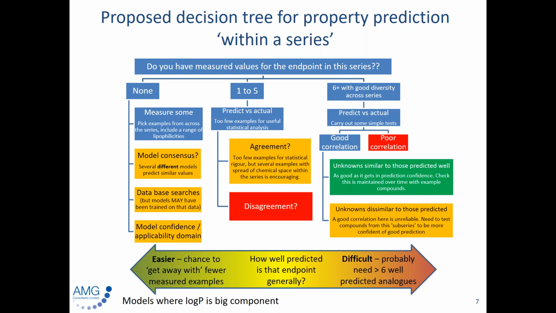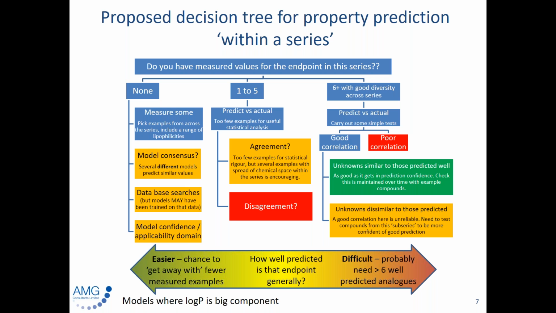So if your endpoint is very difficult to predict, then you really need to have some measured values to compare with the prediction, and ideally probably more than 6, as we'll see in a minute. If the endpoint is a bit easier to predict and generally predicted well across a range of compounds, then you're probably going to be able to get away with fewer measured examples.